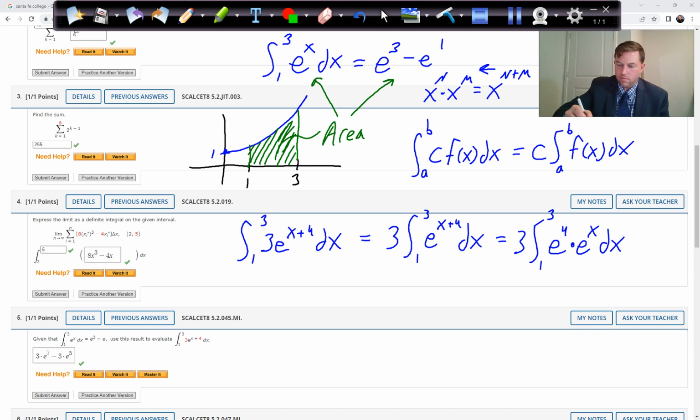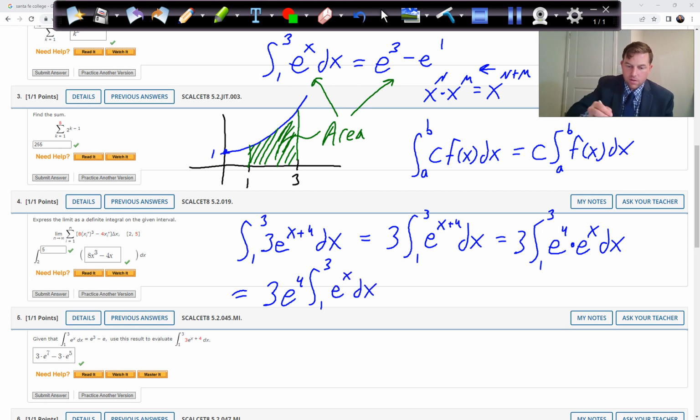So we took two powers being added and broke them into two bases with those two powers alone being multiplied. When you multiply a common base, you add the powers. Now e to the fourth is a constant, so we can pull that out. So we get 3e to the fourth, the integral from 1 to 3 of e to the x dx.